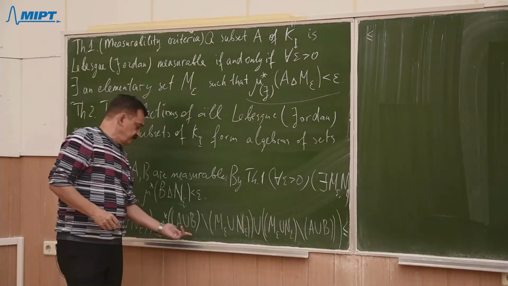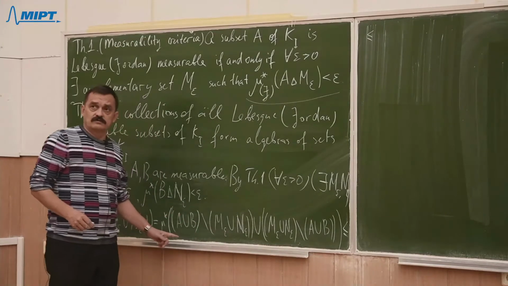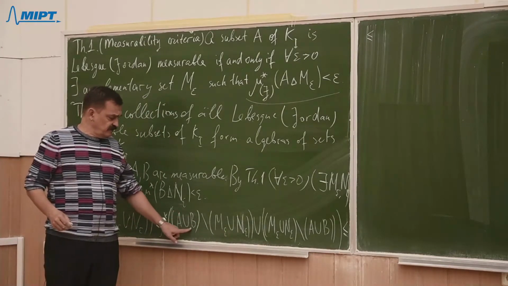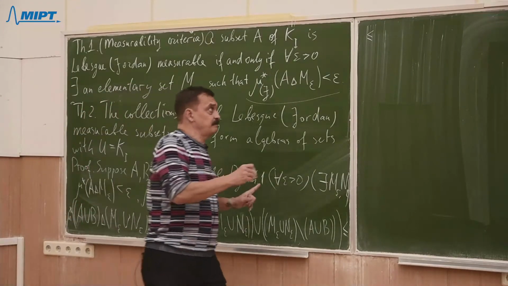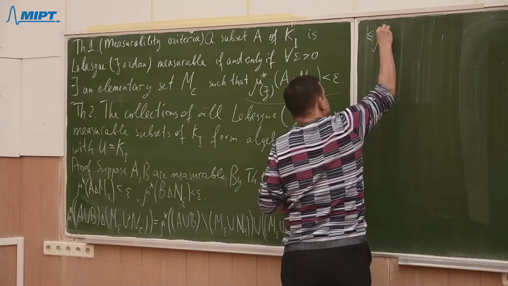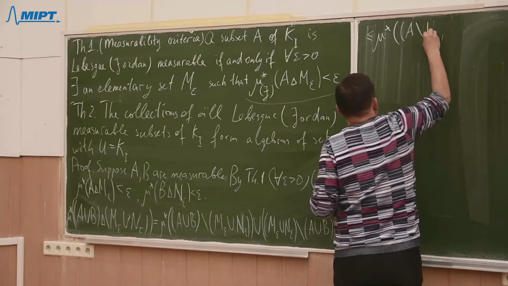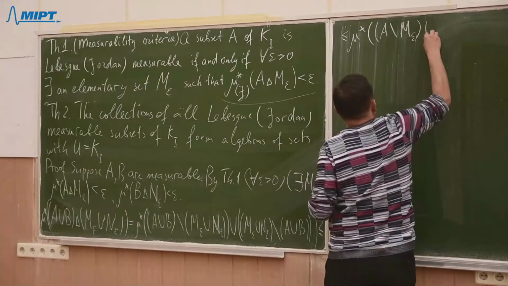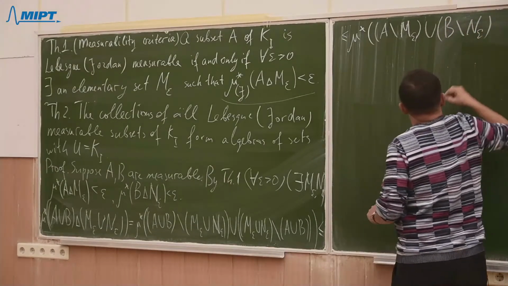Here, what is written? The difference between this union and that union. So what does it mean? I should consider everything in that union which is not included in that. That is a subset of what? Everything in A without M_ε, together with everything in B without N_ε.